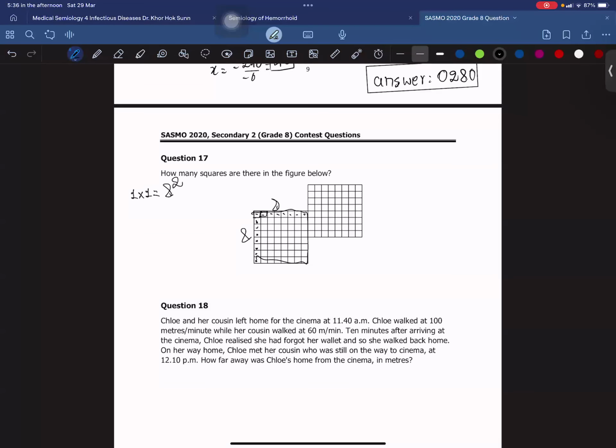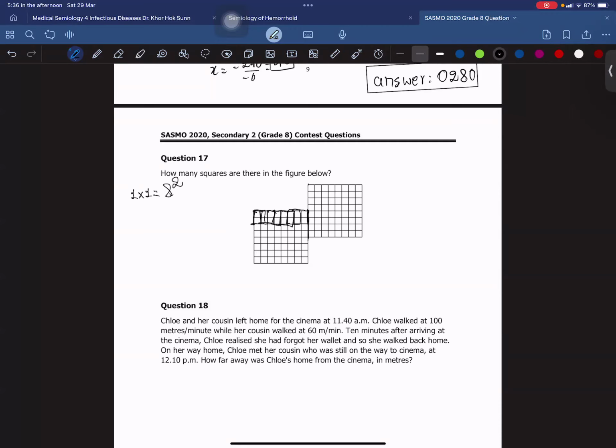After that we're gonna count 2 by 2, which is like this: 1 2 3 4 5 6 7, and that's it, because this is the border of the big square.